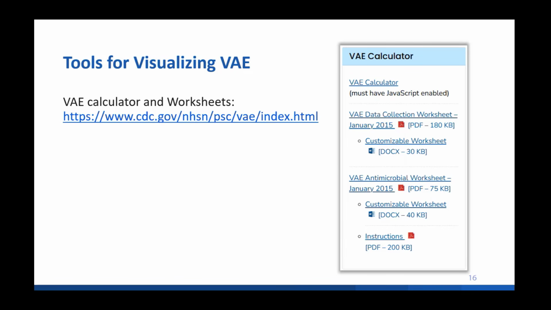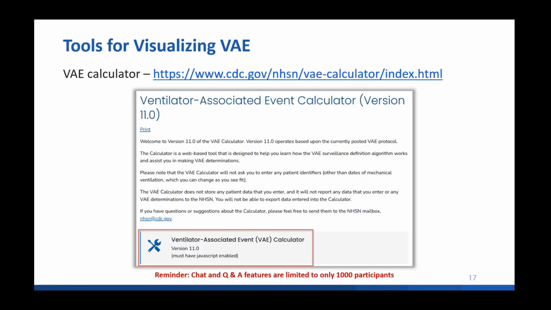In addition to the VAE calculator, NHSN also provides worksheets to help you make VAE determinations, including the VAE data collection worksheet and the VAE antimicrobial worksheet. But let's talk some more about the VAE calculator.